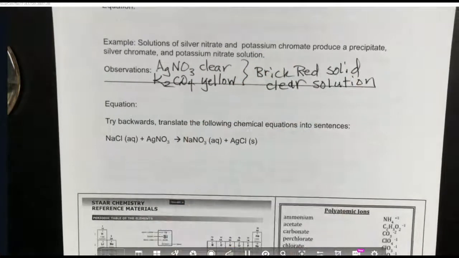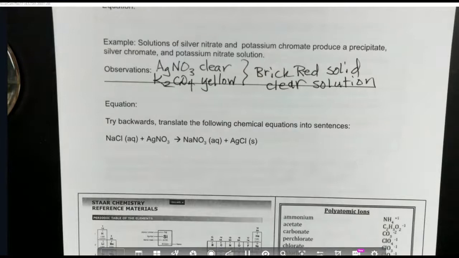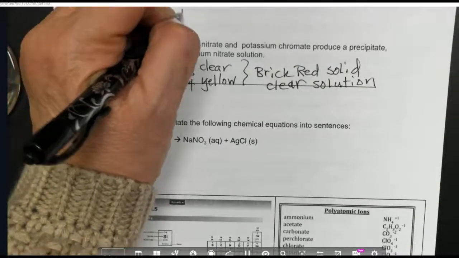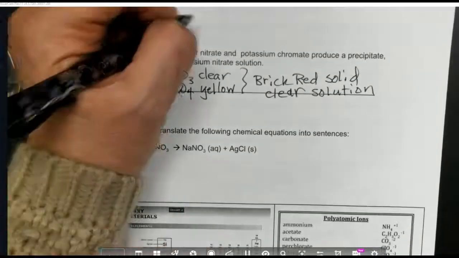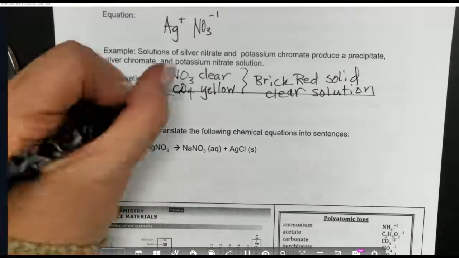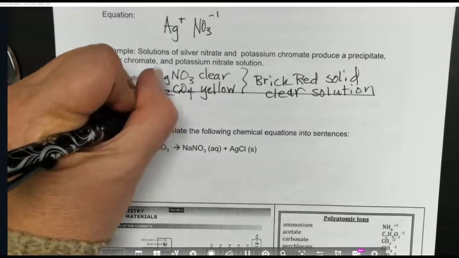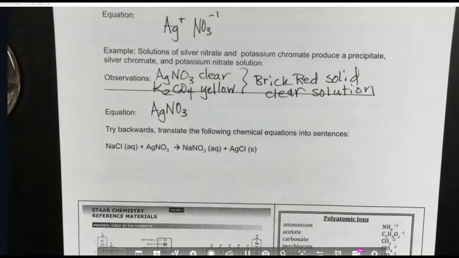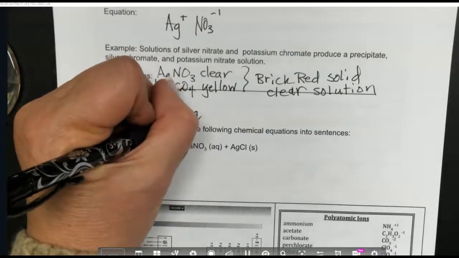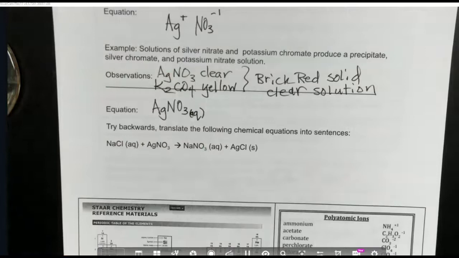Okay, so let's talk about our chemical reaction. We have a lot of ions going on here. We have some silver ion, and it is reacting with nitrate, crisscrossing with nitrate, so we end up with AgNO3 because those charges cancel out. We already said this was a solution, so we're going to use aq.